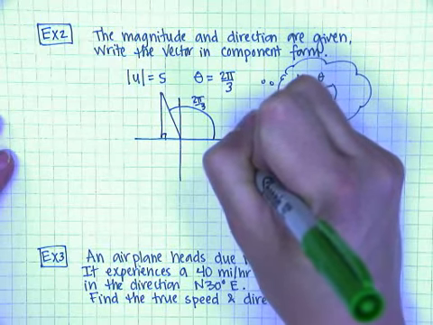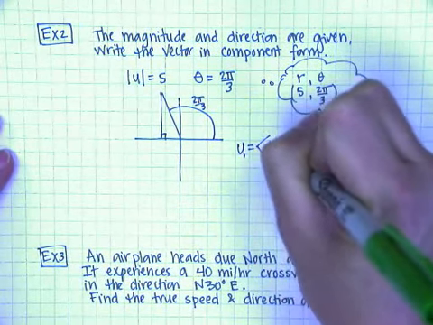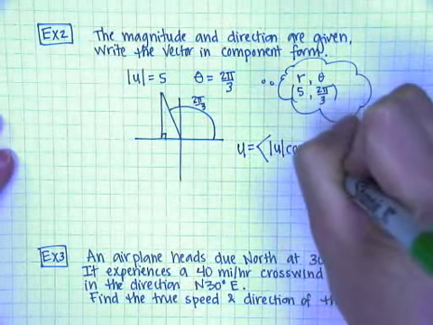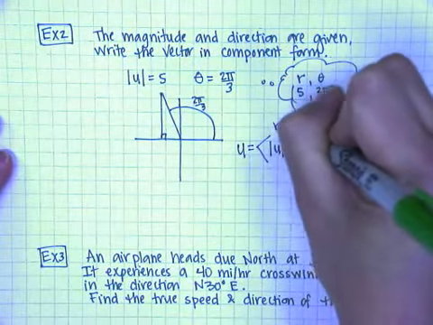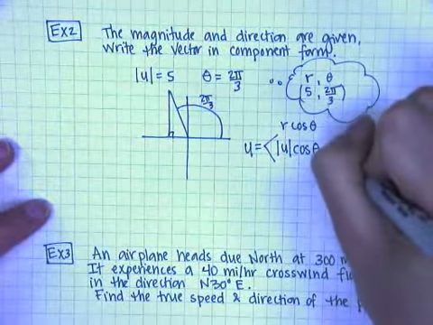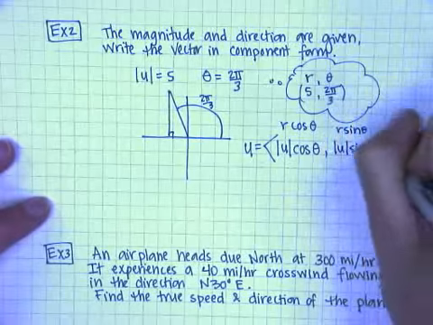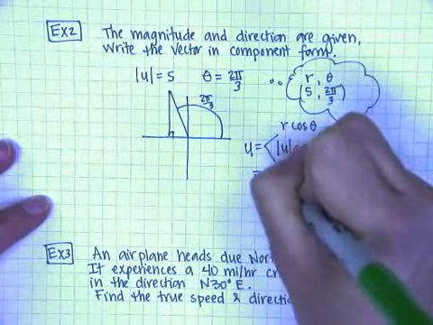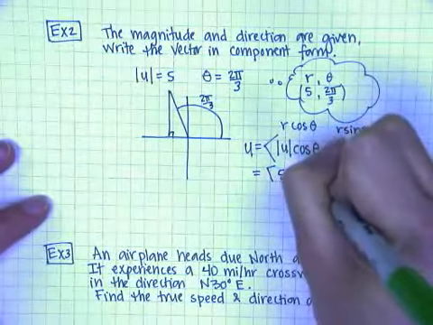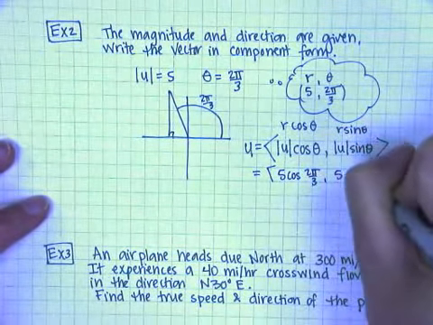You would say the vector u is magnitude of u times cosine of the angle, just like before we were doing r cosine theta for our x. And the magnitude of u times sine of theta, just like r sine theta. Okay. So I would have 5 cosine of 2 pi over 3 and 5 sine of 2 pi over 3.